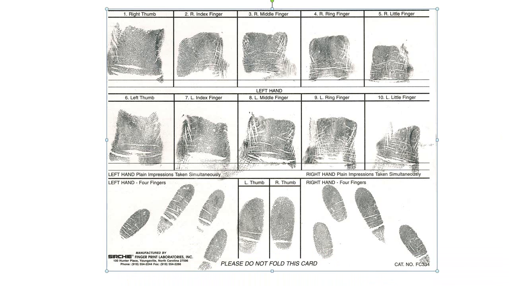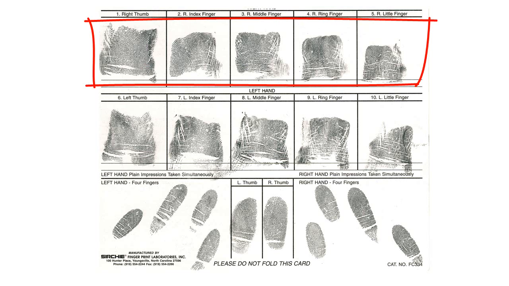In this case of the fingerprint card, although it does not have the name of the person whose print this is, the text and the placement of the impressions are in proper orientation. In other words, all orientation of fingerprints is based on how they are placed on the fingerprint card.